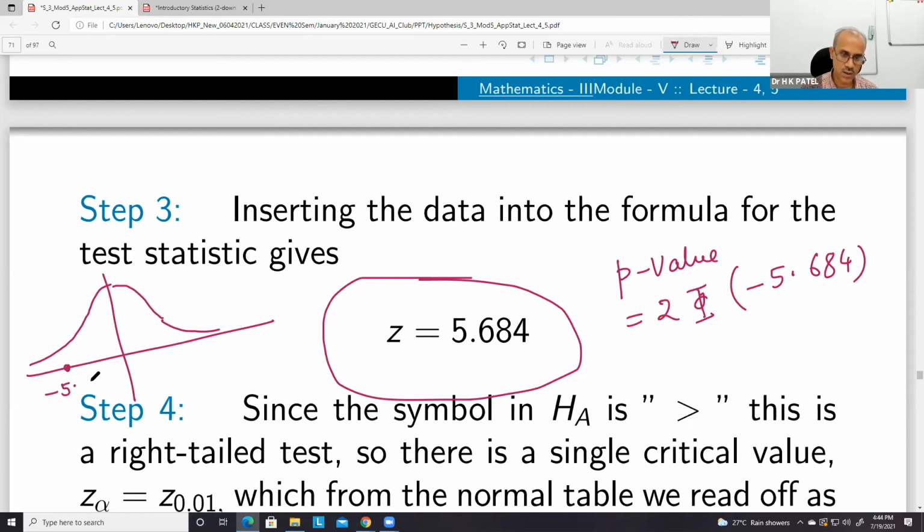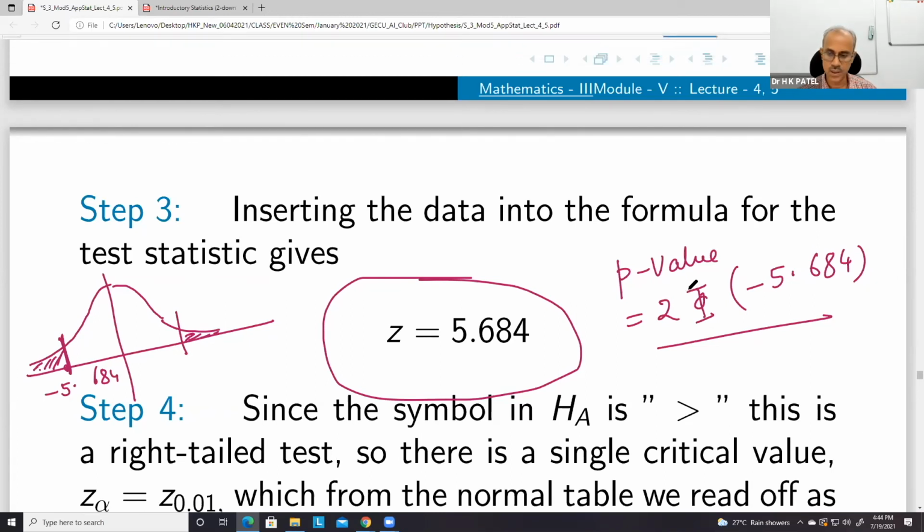This area, phi of minus 5.684, is this area, and then the plus side is this area. In total you have to add them, so we are doing 2 times. Now this value we can find using the normal distribution table, which gives the area under the normal curve.